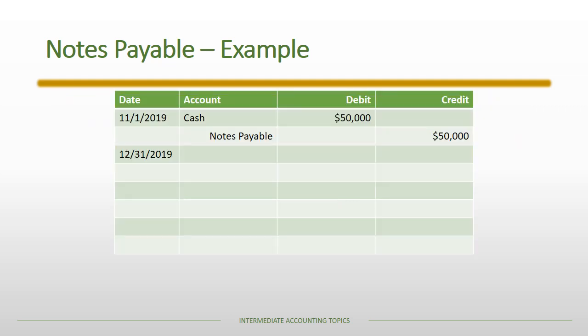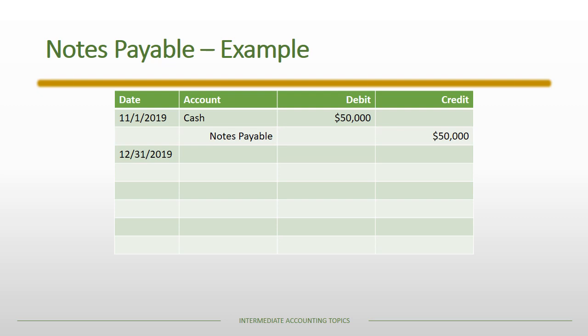All right, so the next part of this entry is at the end of the fiscal year, where the company does have to accrue interest payable. While they don't have to pay anything at the fiscal year end, the economic condition of the firm has changed, because now they not only owe $50,000, but they also owe 2 months of interest that has accrued since the note was issued.